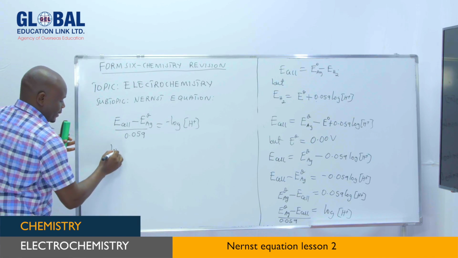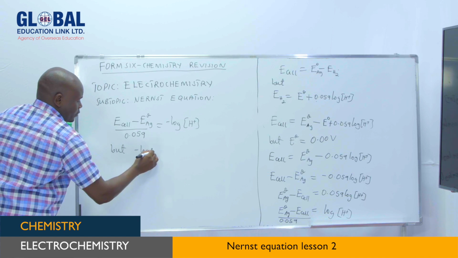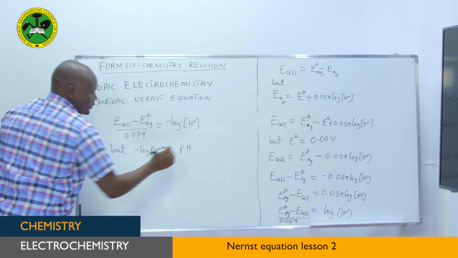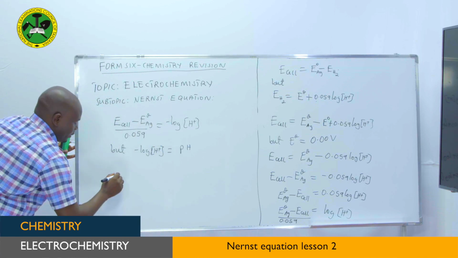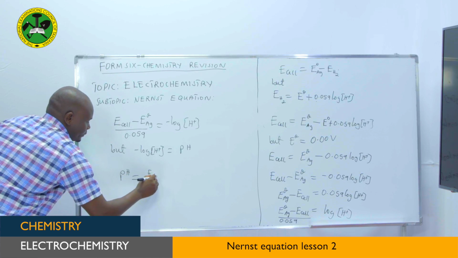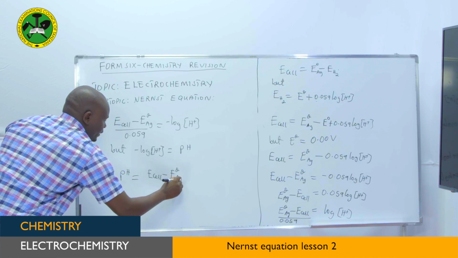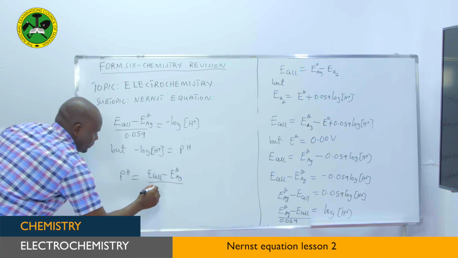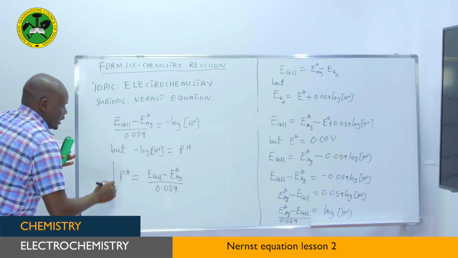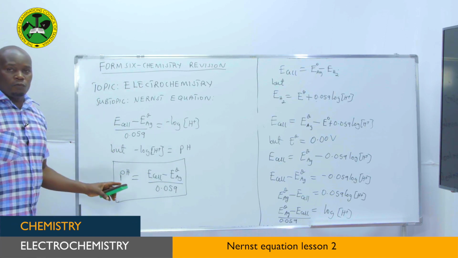But negative log of concentration of hydrogen ions is equal to the pH. So now the pH will be equal to E of cell minus standard electrode potential of silver, divided by 0.059. This is our equation that can be used to calculate the pH of a solution.